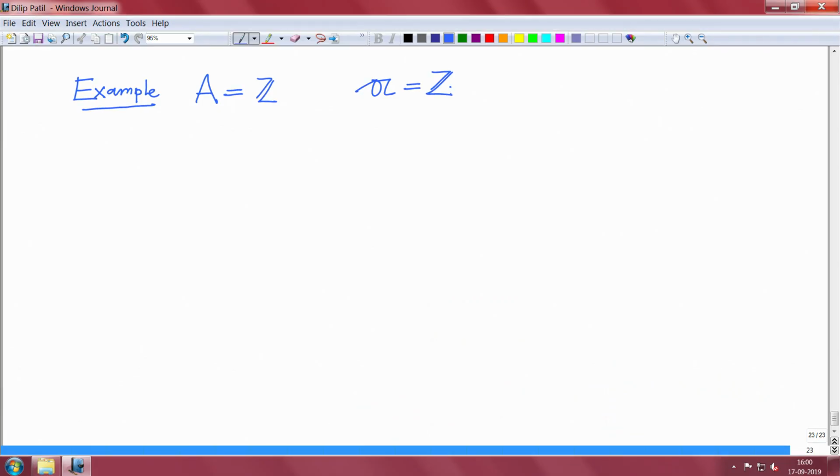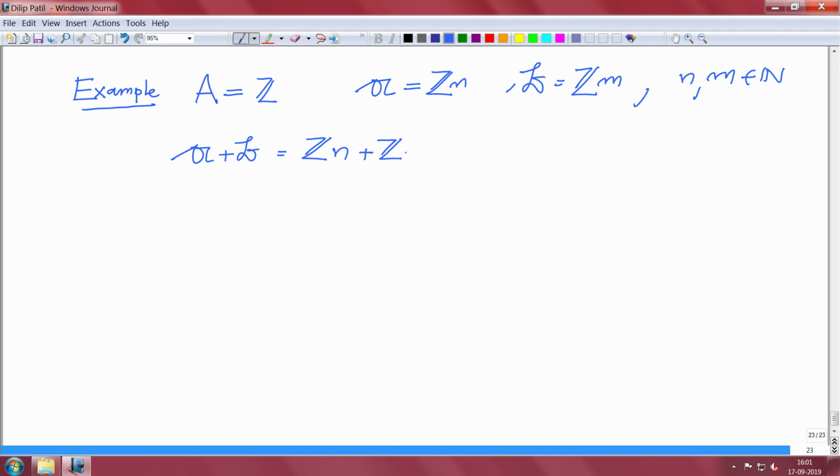So A is Zn, all Z multiples of n, and B is all Z multiples of m, where n and m are natural numbers. If I take two such ideals, what will be A plus B? A plus B is, in this notation, all multiples of n plus all multiples of m.